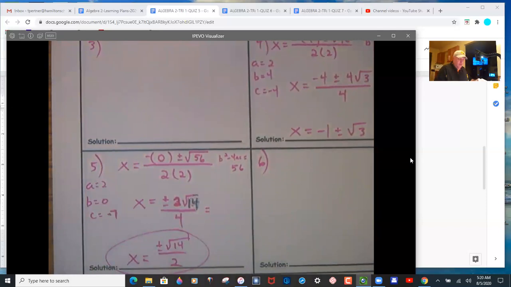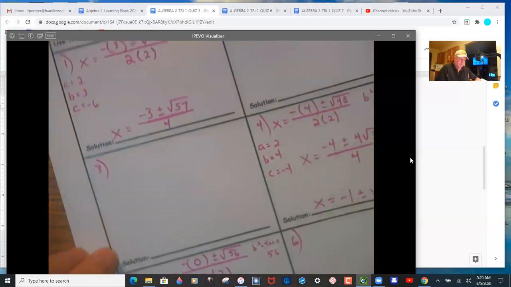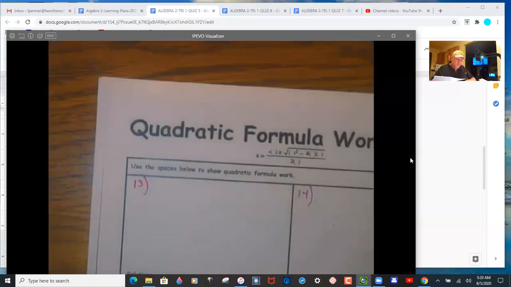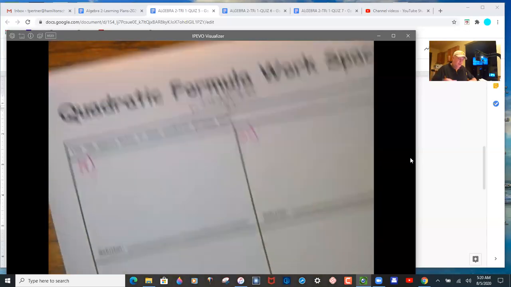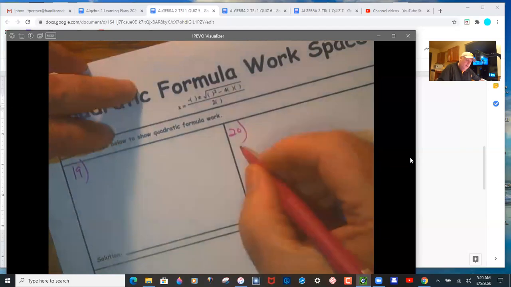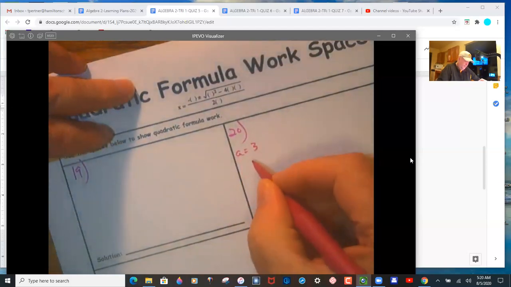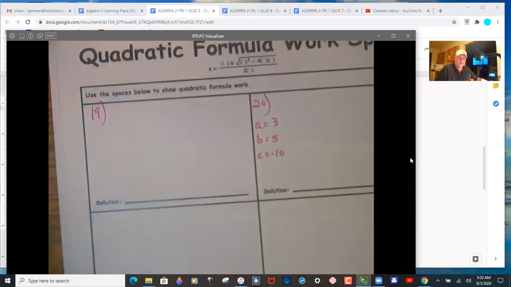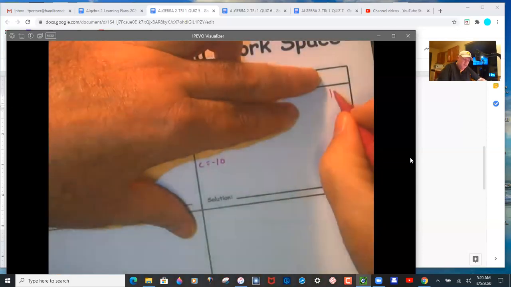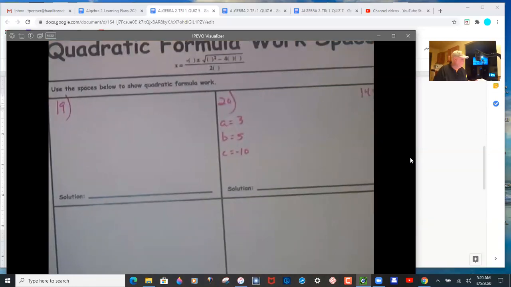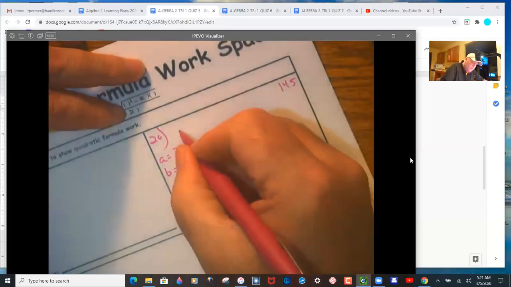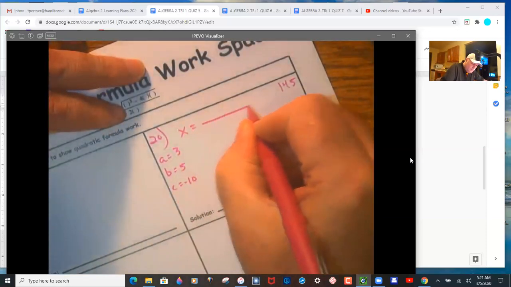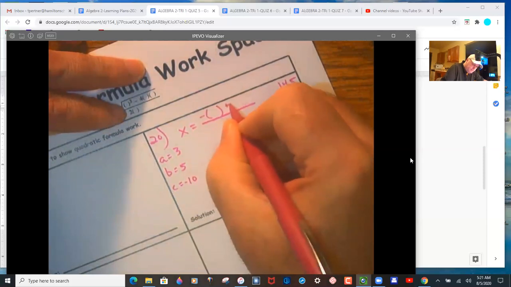And then I would like to just skip to number 20 and jump ahead to the end a little bit here. So we have 3 and 5 and -10. And so our b squared minus 4ac is 145. And that will not reduce, so this is why I'm doing this one, just so you don't spend a whole lot of time.